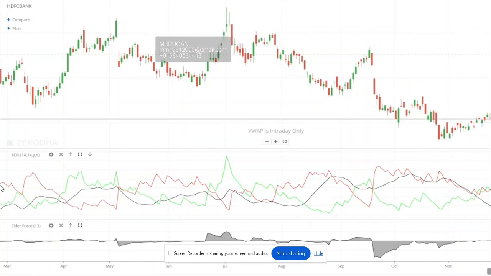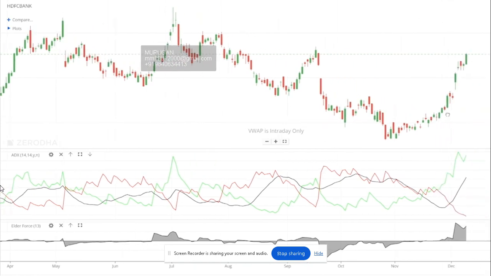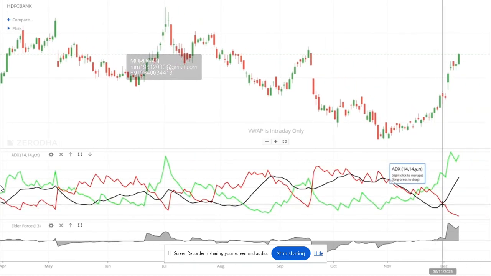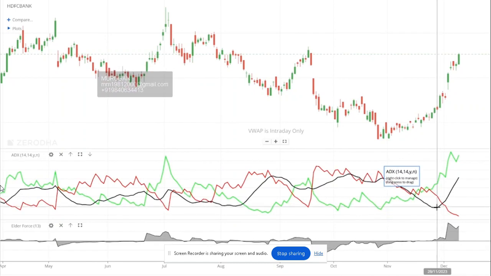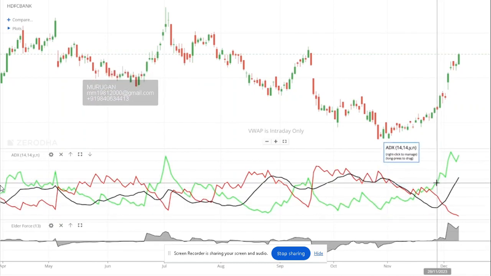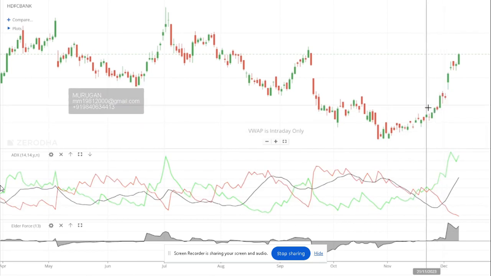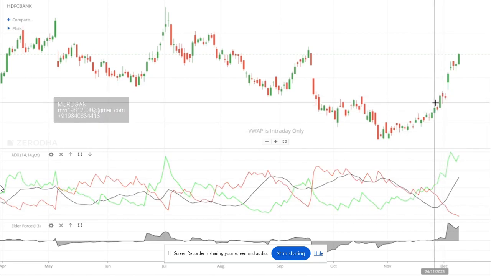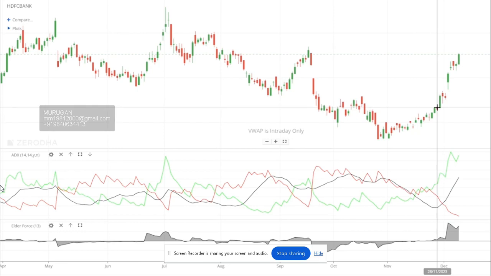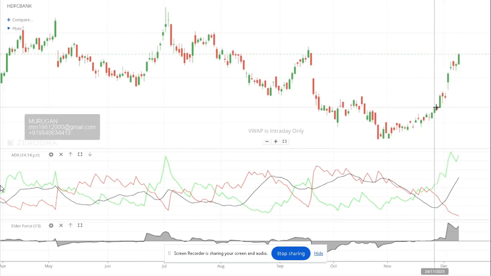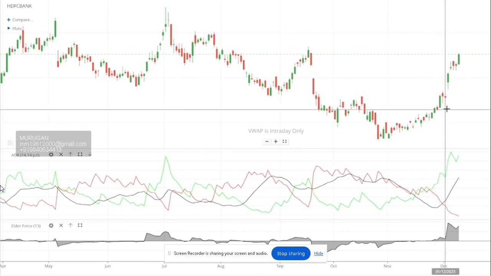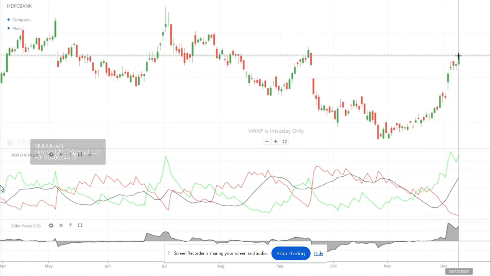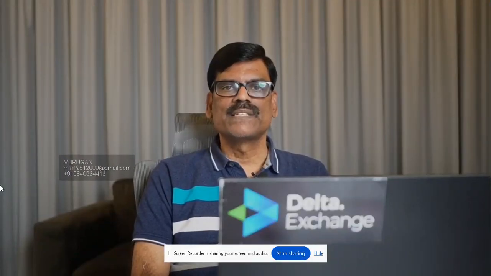So if you want to do positional option buying, you can see here, this is where the spike is. This is moving higher, green is above the red, so somewhere here you should have bought a call option. This is not for intraday, but positionally. From this level to this level, around 1535, the price has shot up almost 100 rupees.